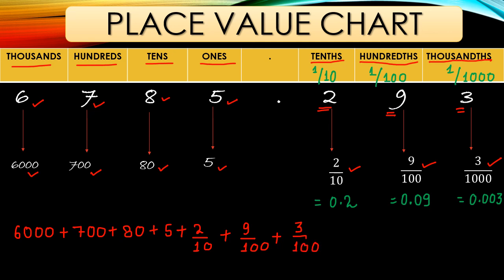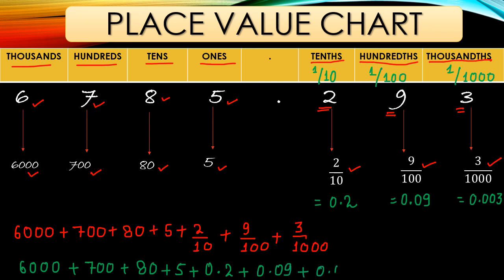And we can also write it as 6000 plus 700 plus 80 plus 5 plus 0.2 plus 0.09 plus 0.003. So both are correct ways of writing the numeral in expanded form.